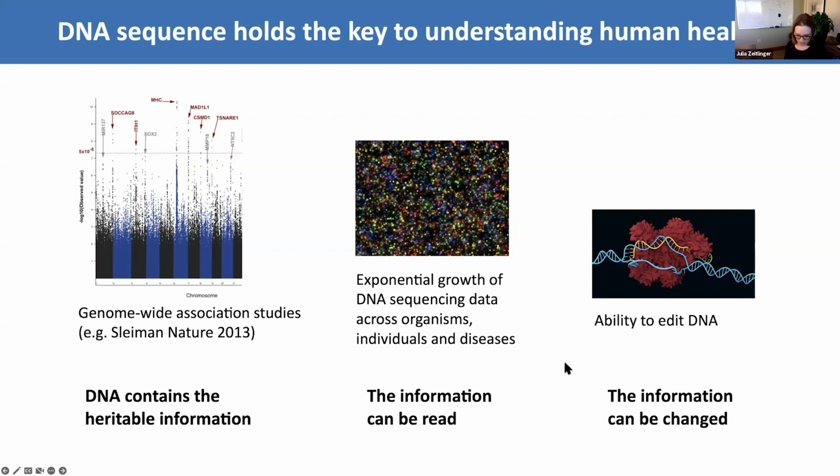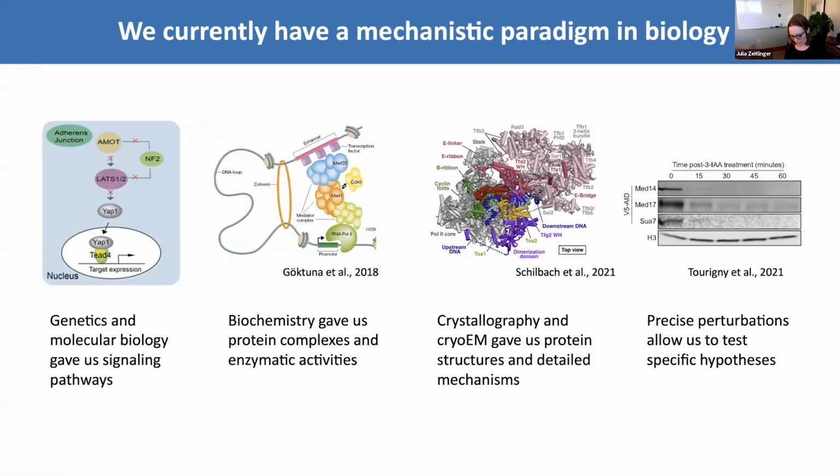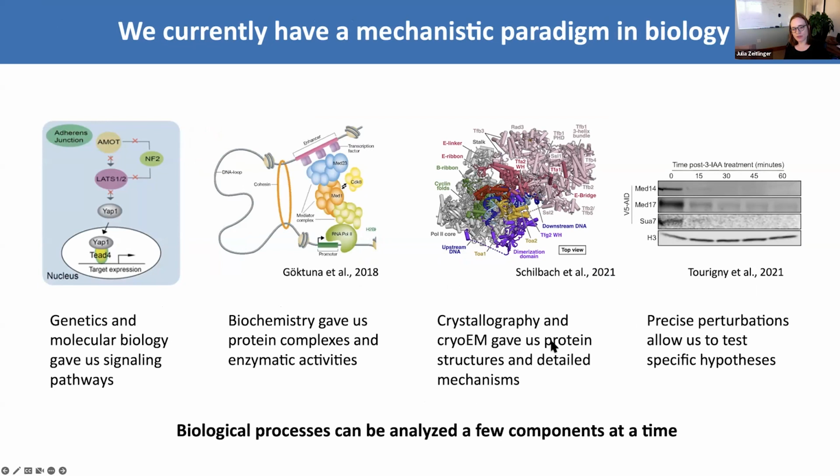And of course, I wouldn't talk about this problem if I didn't have an answer. So why is it that we can't read this information? I would argue a big reason is that our current paradigm of doing research is to look at a few components at a time, because this is what the human mind does well.